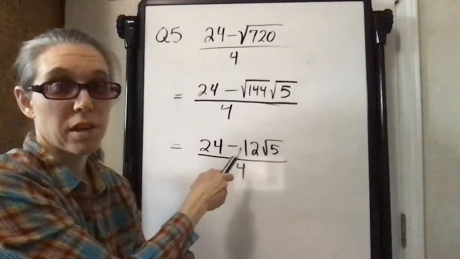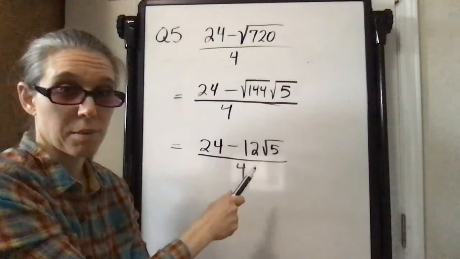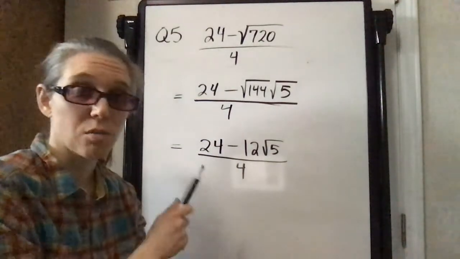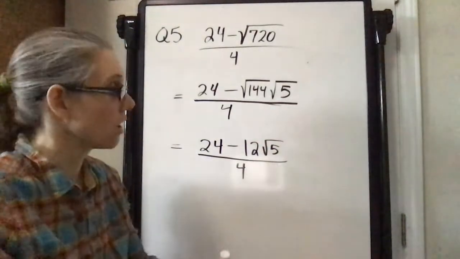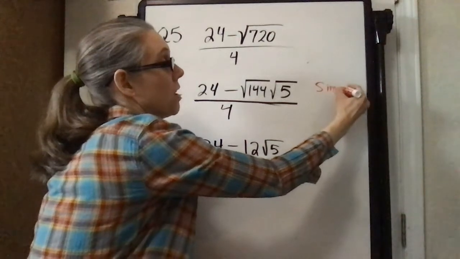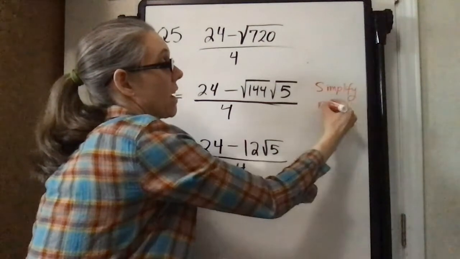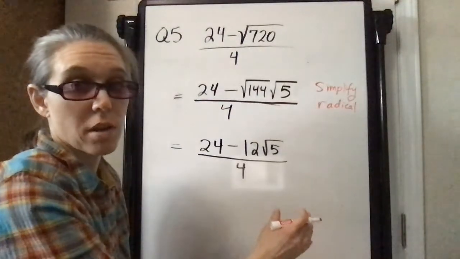So once you've simplified the square root, then we want to deal with reducing. But we do not reduce a rational expression until we factor, remember? Okay. So here what we're doing is we are simplifying the radical. And next, we're going to want to factor.